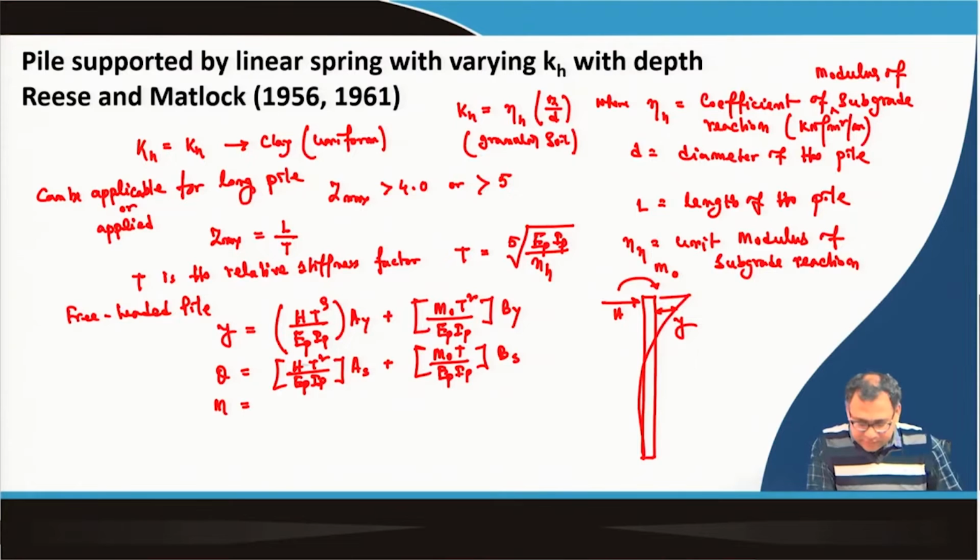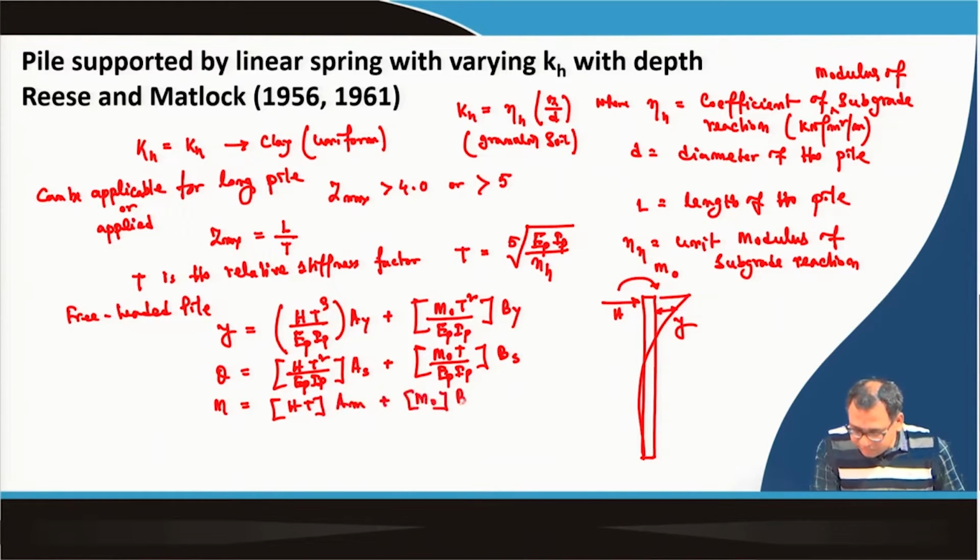So, this is H t square divided by Ep Ip, A s, t cube, t square. Okay. So the moment is H t A m plus M0 B m.